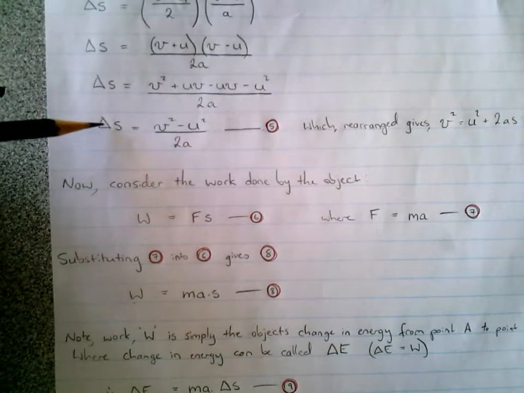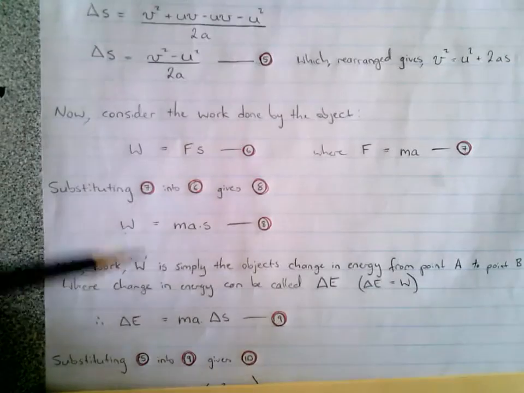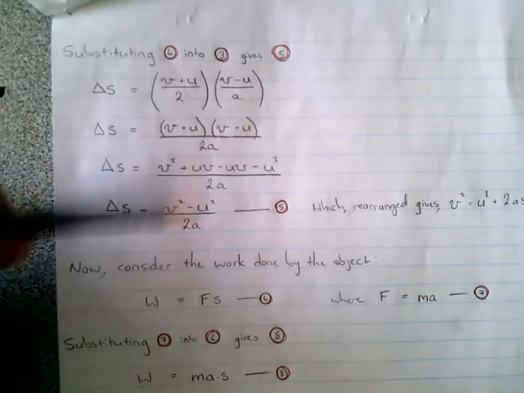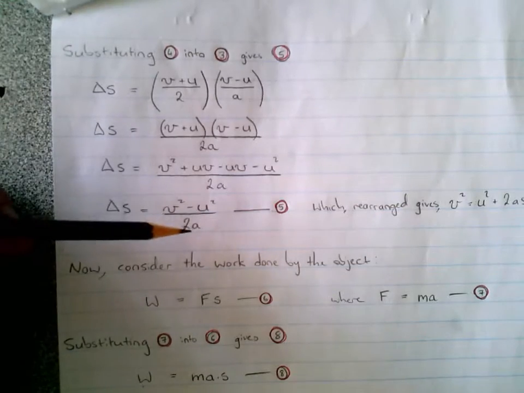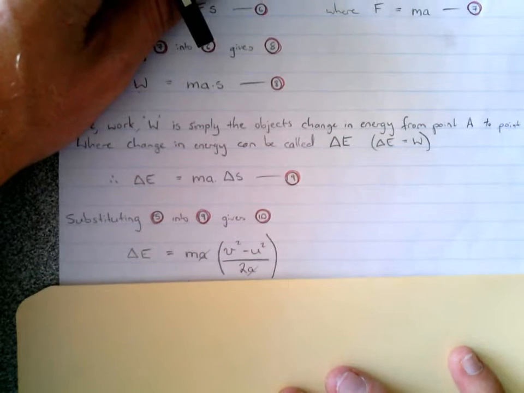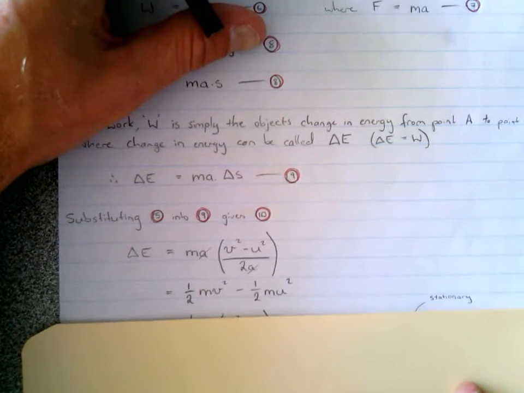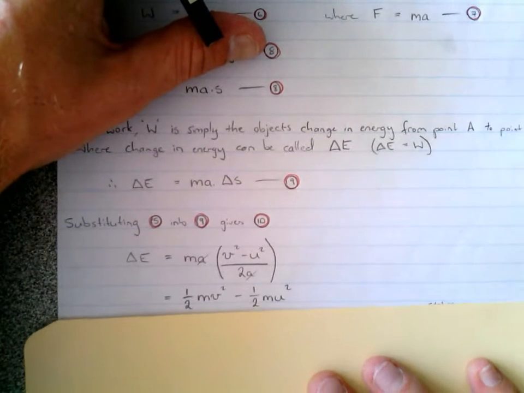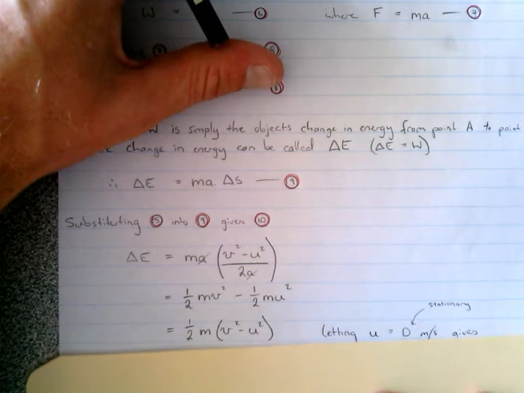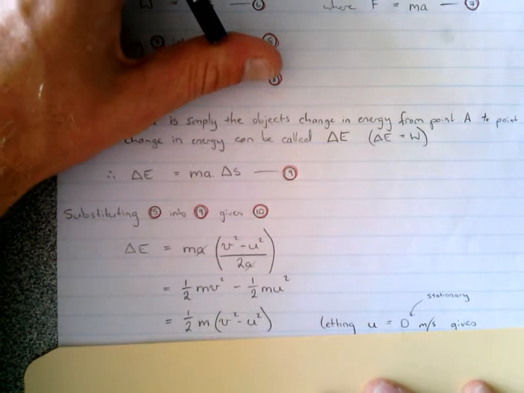So where we see change in displacement down here in equation 9, we're going to substitute v squared take u squared divided by 2a. And that is what we get left with here. Now I've cancelled out my a's, and then I expanded the brackets to get half mv squared minus a half mu squared, which I then factorised.